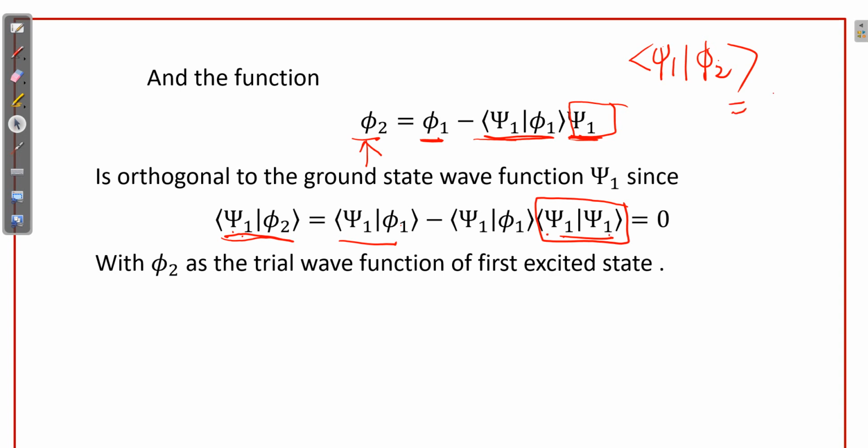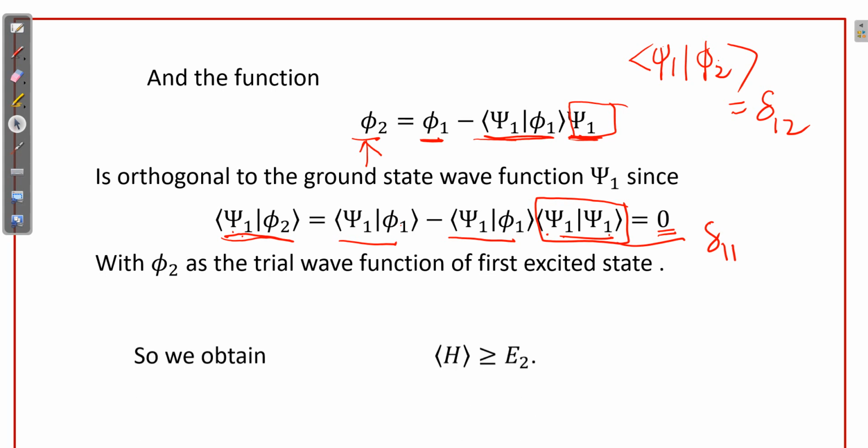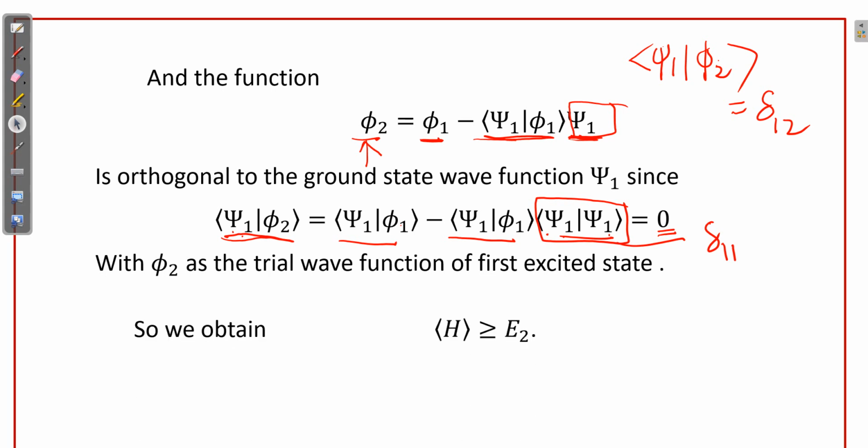So this term and this term are the same, and you will get the value of 0. So phi 2 is the trial wave function of the first excited state, and if we use phi 2 for the determination of the expectation value of H, then we will get the upper bound of the energy of the first excited state.